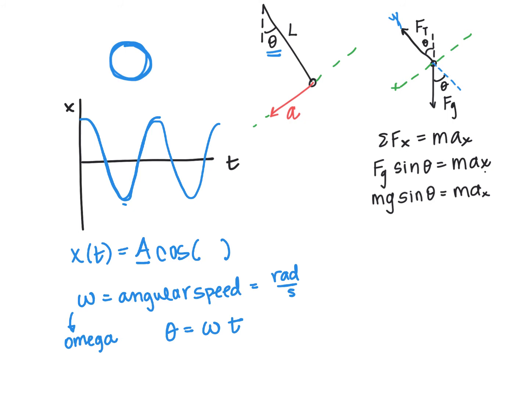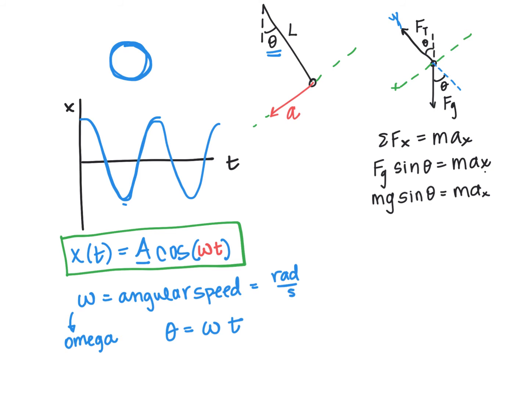And so inside this parentheses, I'm going to write omega t. So the position function would be A cosine of omega t, where omega is our angular frequency or angular speed, how often this system completes a cycle.